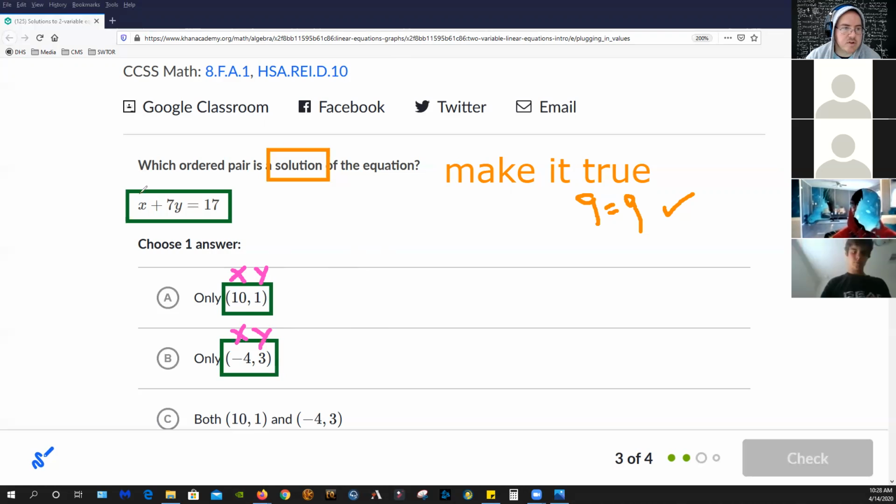And what you're going to do is plug those in for this x and this y, and then do some arithmetic and just figure out if they come out to be true. Okay?